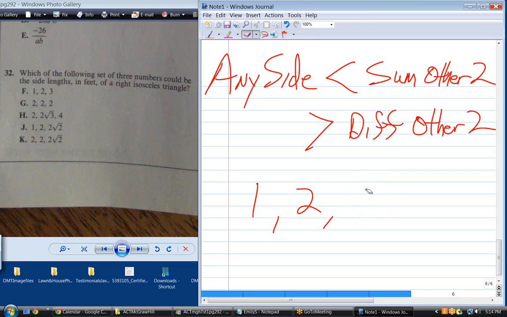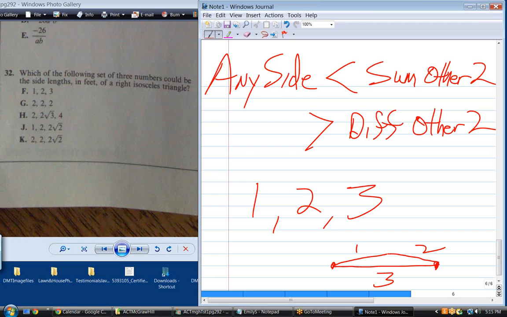Let's examine that a little bit closer. I could not even have that triangle, 1, 2, and 3. Let's examine how we would have a 1, 2, 3 triangle. Notice that the shortest distance between 2 points is a straight line.